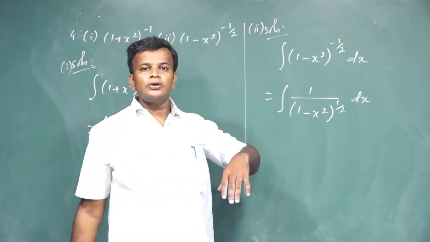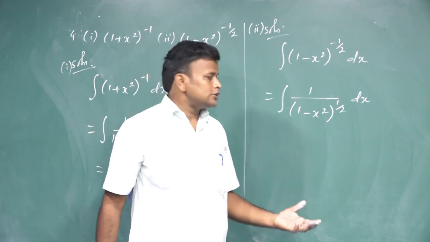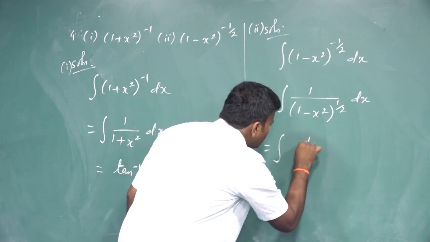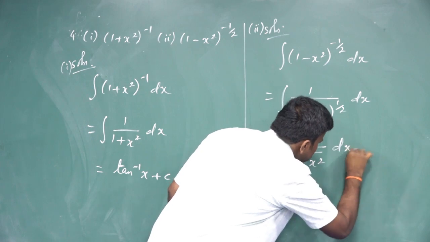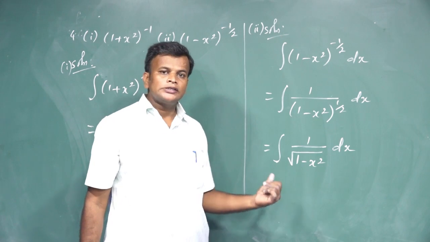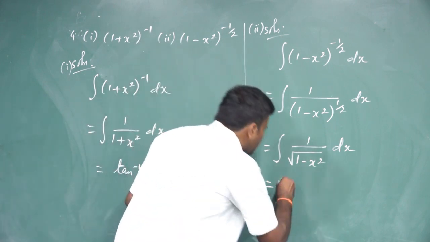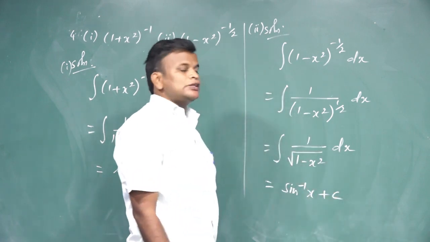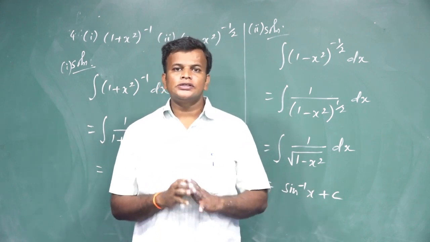The power 1 by 2 we write as square root of 1 minus x square. So integrating of 1 divided by square root of 1 minus x square is an exact formula, that is sine inverse of x. So sine inverse of x plus c. So the first exercise is over.